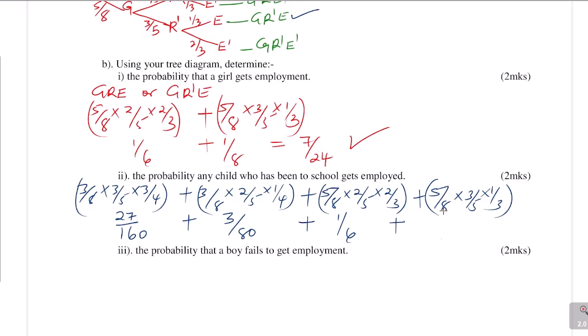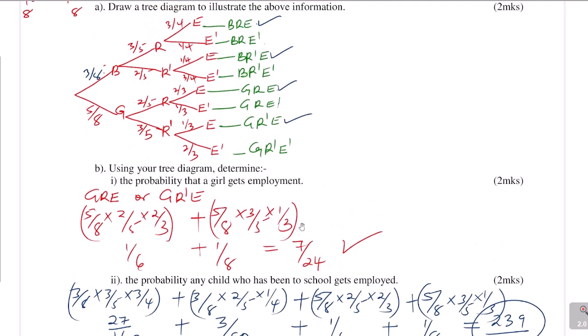And then 5/8 times 3/5 times 1/3, that is 1/8. When you add it, 27/160 plus 3/80 plus 1/6 plus 1/8, this will give 239 divided by 480 in simplified form. We go to part 3, the probability that a boy fails to get employment.